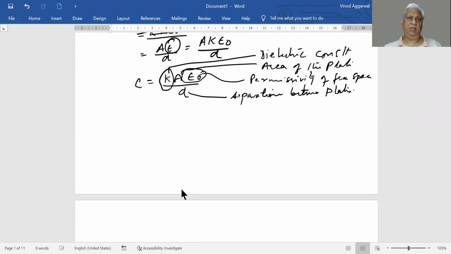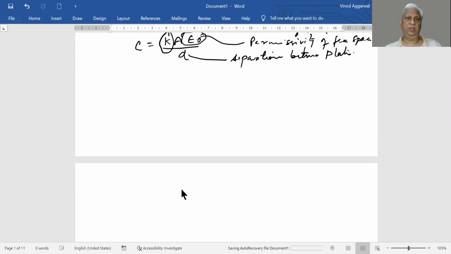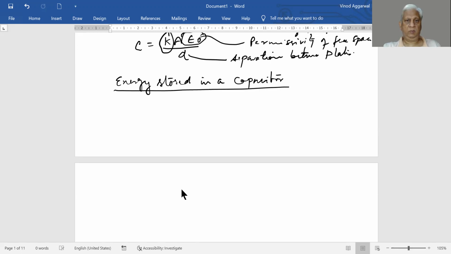Now let's try to calculate what is the energy stored in a capacitor. We know if two plates have a potential difference of V, the amount of energy which will be required to move a charge of Q across this will be how much?